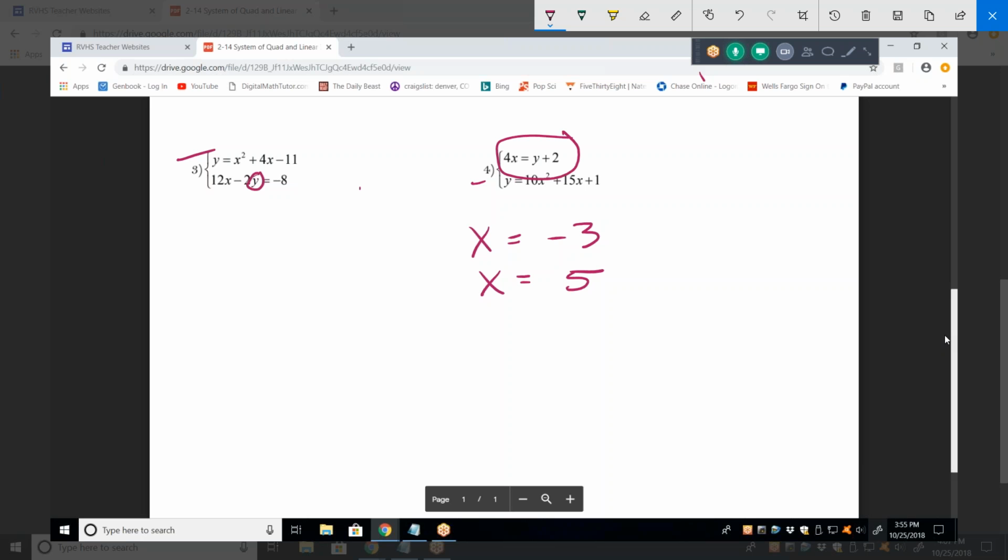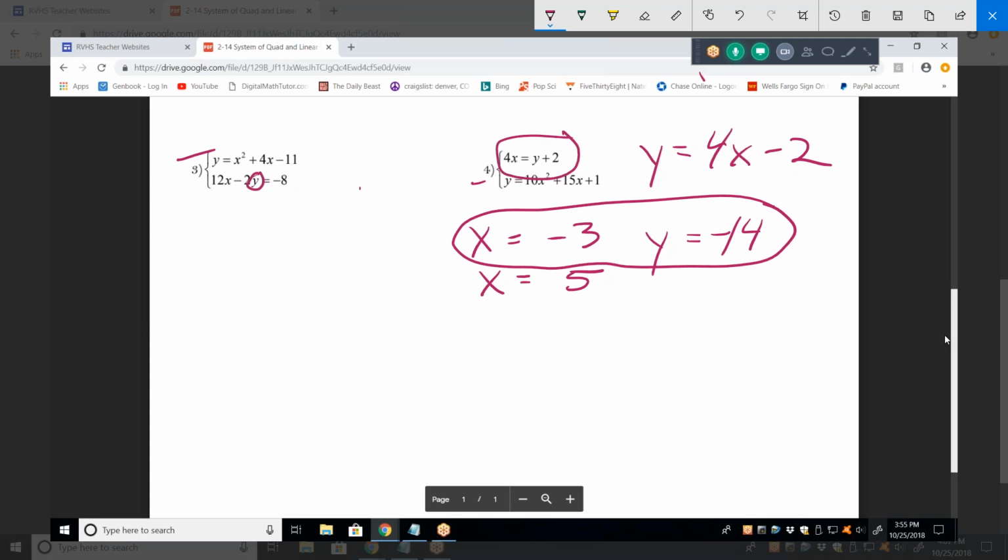Well, let's solve for y first. So we get y equals 4x minus 2. And now we can plug in real easily. Y equals 4 times negative 3, which is negative 12. Minus 2 means y equals minus 14.